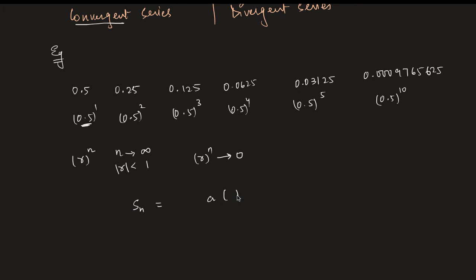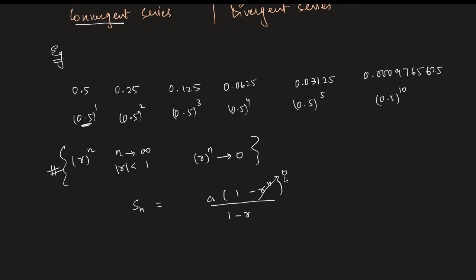So what changes over here is my sum of n terms of a GP, which is a times 1 minus r to the power n divided by 1 minus r. If I need to calculate the sum of infinite terms of a GP, infinite terms meaning the number of terms tending to infinity where r is less than 1, then r to the power n will be reaching 0. It would be approximately 0, not exactly 0, so I can write this as 0.